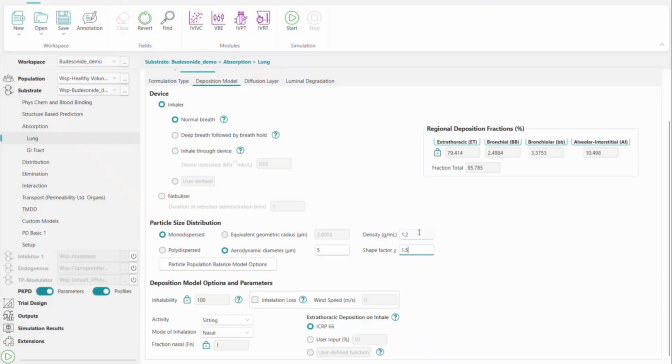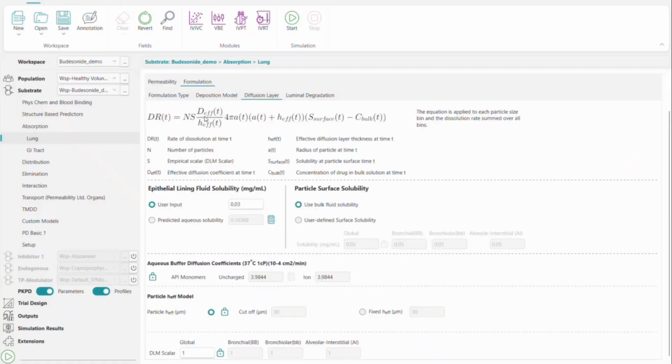Often these aren't known, so these are kept as the default. But the way they're used is to convert the aerodynamic diameter to the geometric diameter, and the geometric radius is used to define the particles in the diffusion layer model.